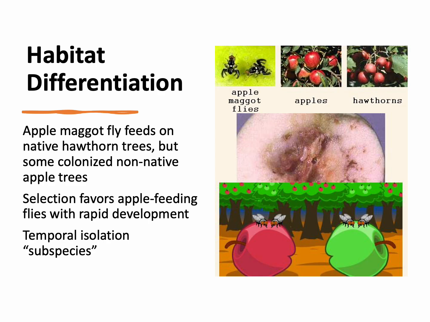Non-native apple trees were planted, and they're close enough to hawthorn fruit that some of the flies started preferring apples, right? So they would lay their eggs in apples. The larvae would eat apples and survive. So now, within your population, you have individuals preferring hawthorns and individuals preferring apples.